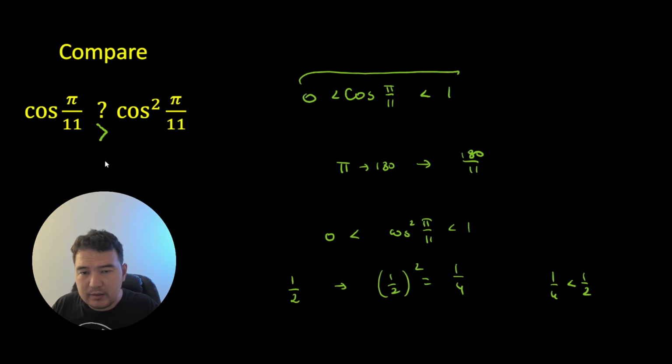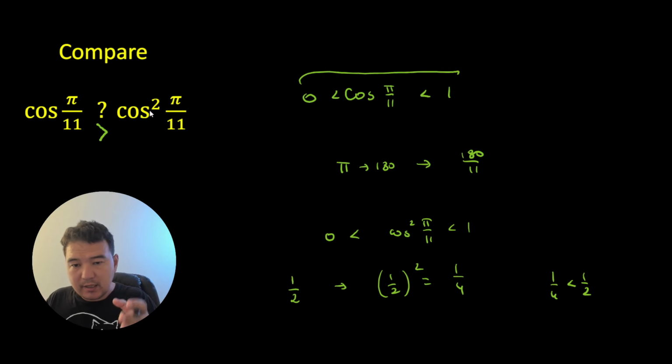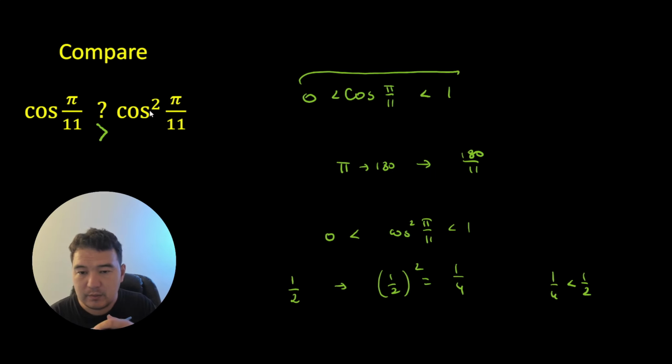But the trick here is what happens if the cosine pi over 11 was negative. The value of the cosine function is negative, and when you take the square of that negative number, it becomes positive. Regardless of the value of cosine, the absolute value might be greater, but the number itself is negative and the other one is positive, so the positive one is always greater.